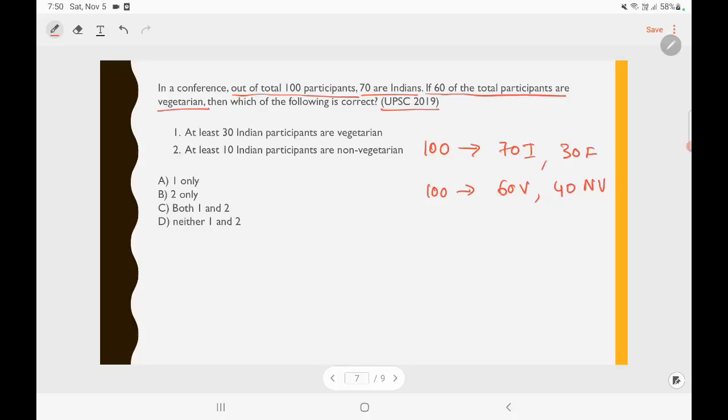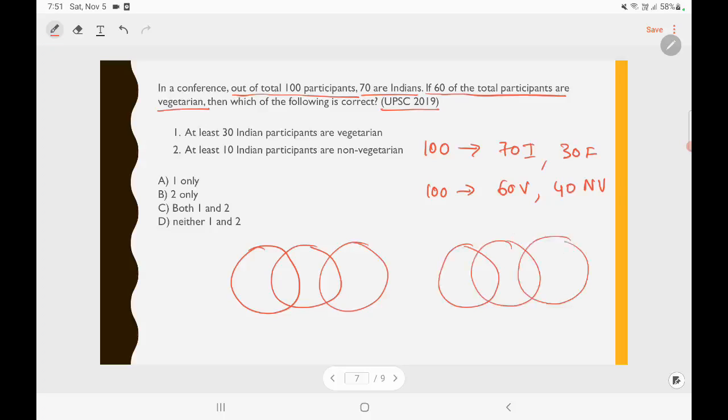So we need to assume two extreme conditions, just like what we have done before. So I am drawing two diagrams here like this. Two diagrams are drawn, and let's assume that the middle one represents Indians, the left one represents vegetarians, and the right one represents non-vegetarians.